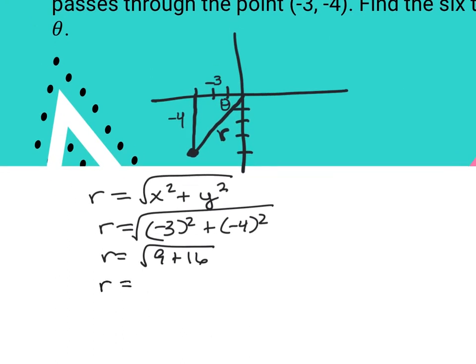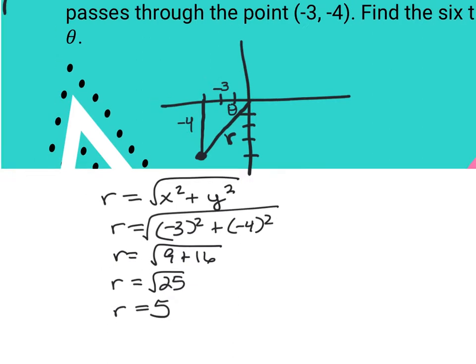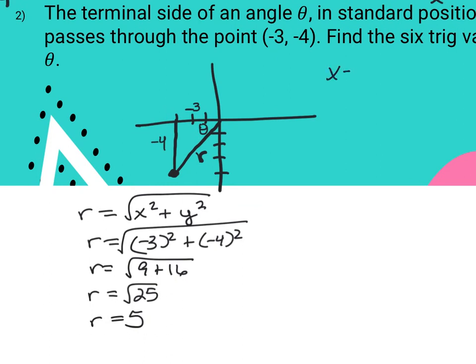R is equal to the square root of 25, which is 5. So now I have x equals -3, y equals -4, and r equals 5.